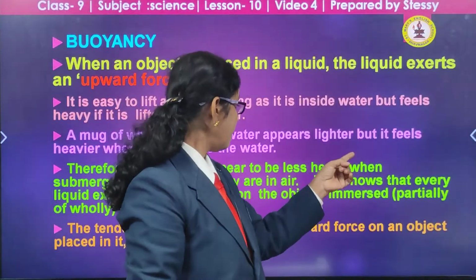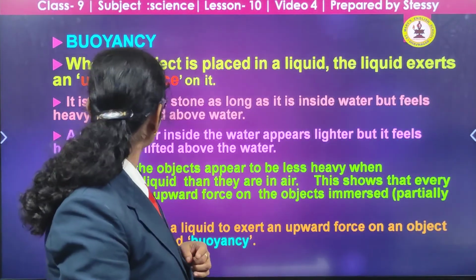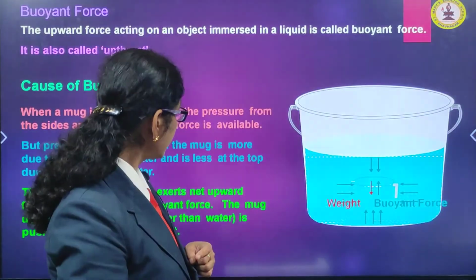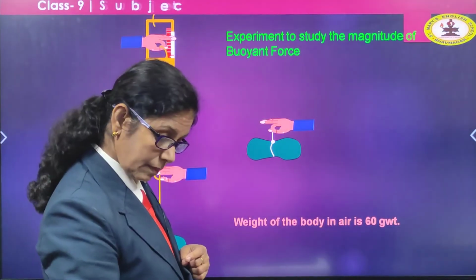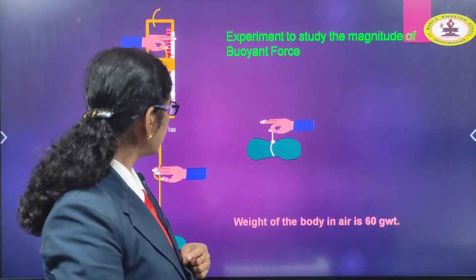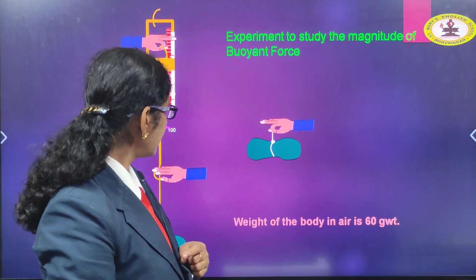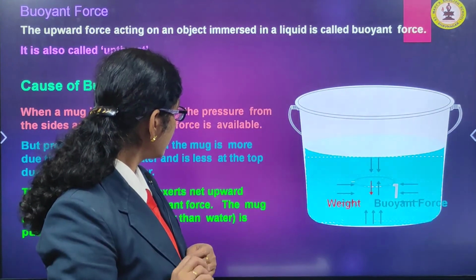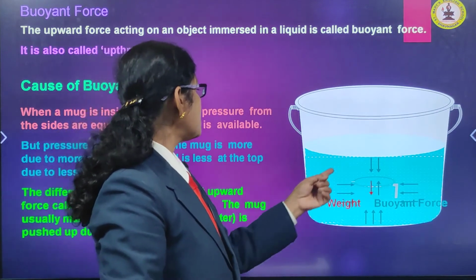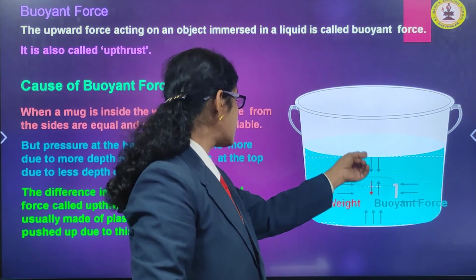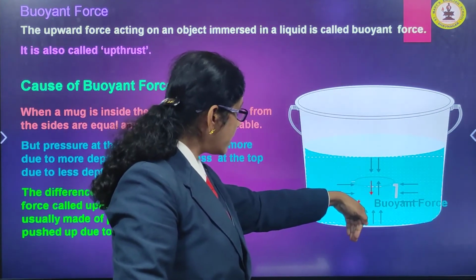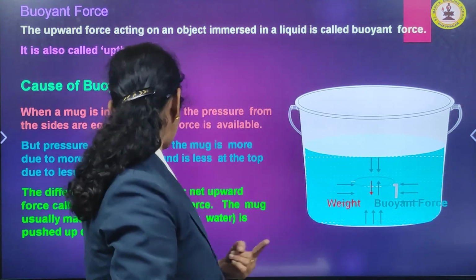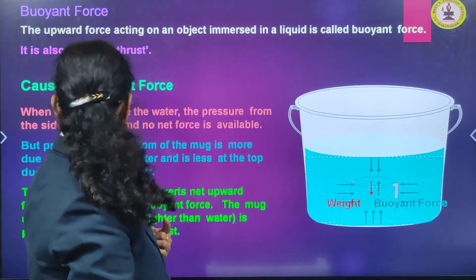See here, inside a bucket, the downward thing is the weight, and the upward thing is the buoyant force.